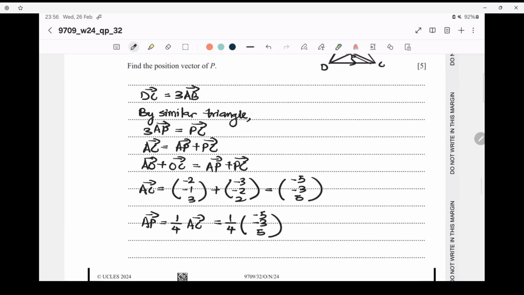Another way that you can think about this is basically AC is equal to AP plus PC, which is 3AP. So that's why you have 4AP. So perhaps here I can write 4AP.